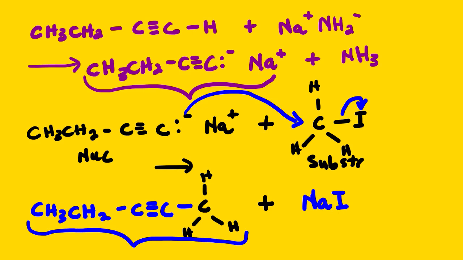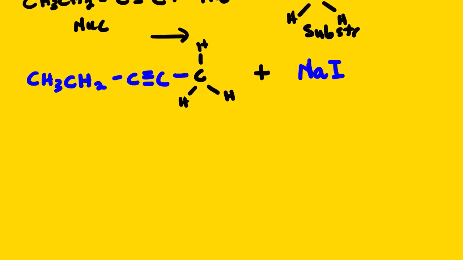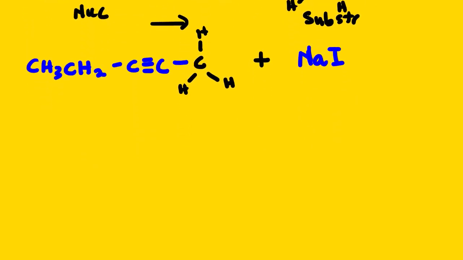Now let us look at this. Is this a new functional group? Let us write it in a manner in which we are going to see this. So we have CH3, CH2, C triple bond C, then we have CH3.